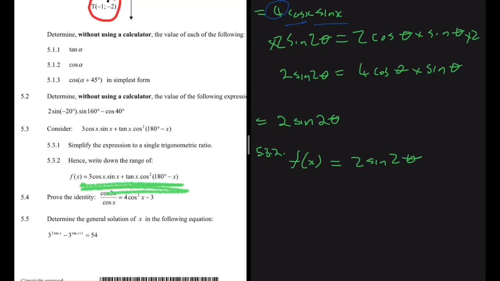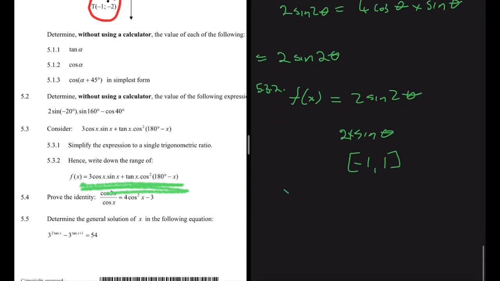We want the range of that function, right? We know that the range of sine theta is -1 and we go up to 1, right? And then if you multiply by 2 here, then the range will also go up by 2, right? Its highest point will then be 2 and then its lowest point will be -2.